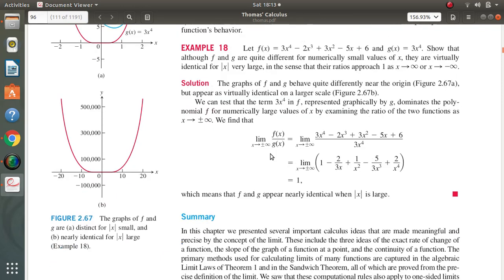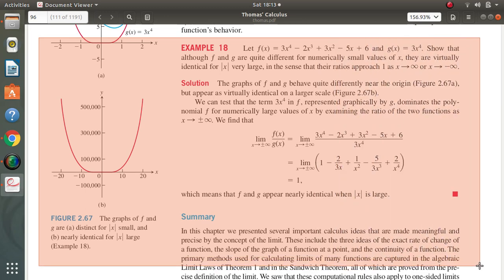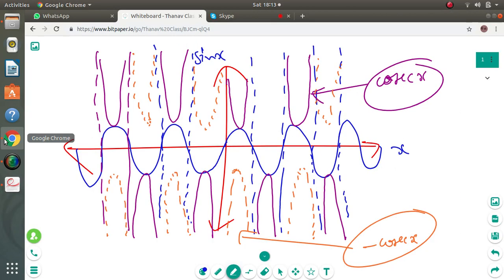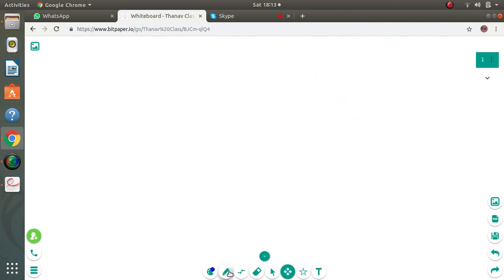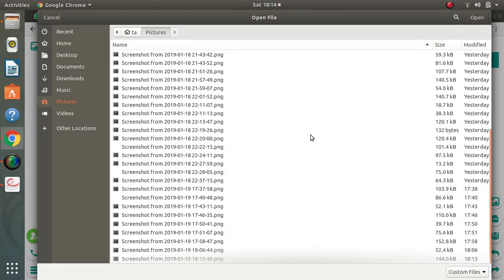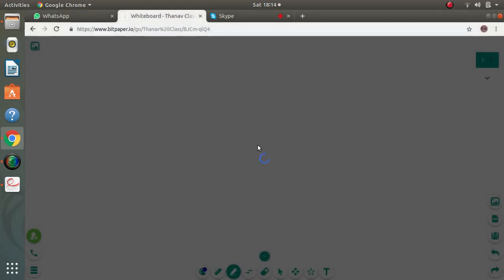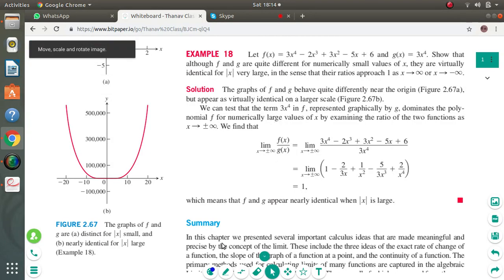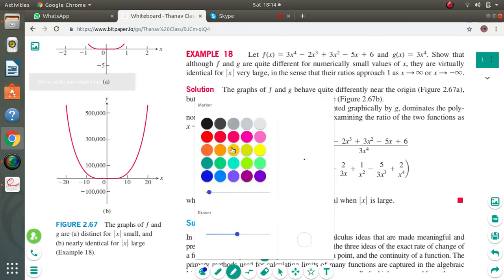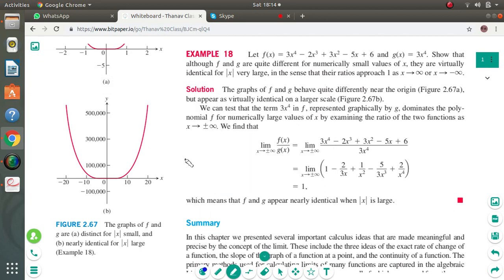Next you have an example I'm writing here. Example 18.